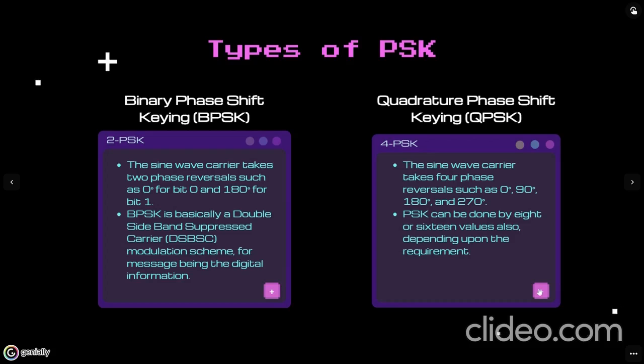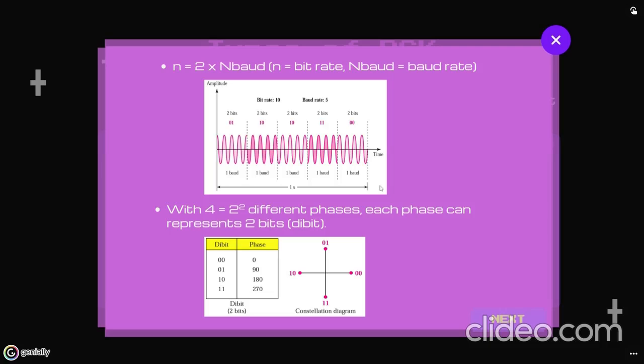And to calculate the bitrate for QPSK, it needs to be multiplied by 2, which is 1 bitrate equal to 2 baud rates. With 4 equal to 2 to the power of 2 different phases, each phase can represent 2 bits, or we call it a dibit. And this is a table and constellation diagram for QPSK.